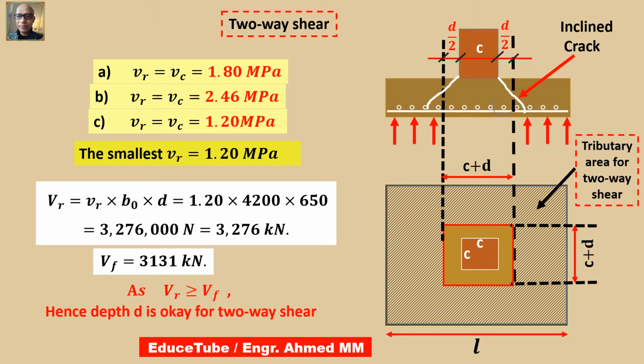Comparing these two, we found VR greater than VF. Easily we can say the depth d is okay for two-way shear. So we assumed depth 650, that is perfect because VR is greater than VF.